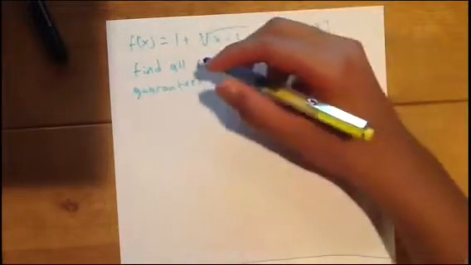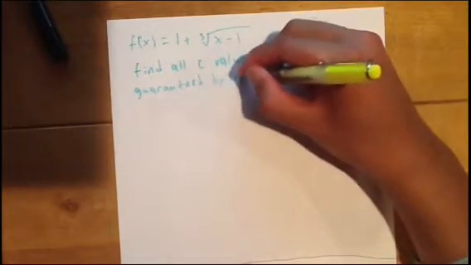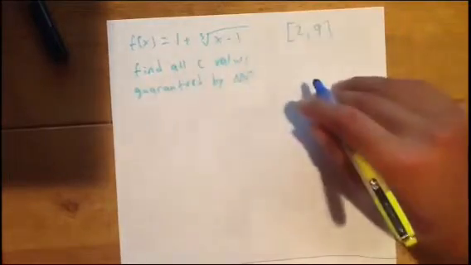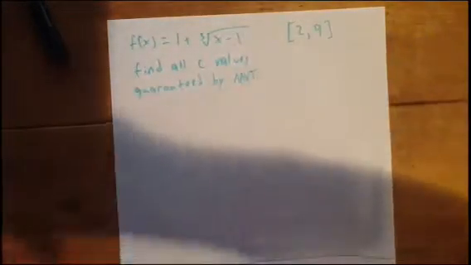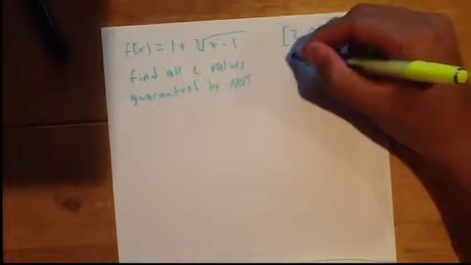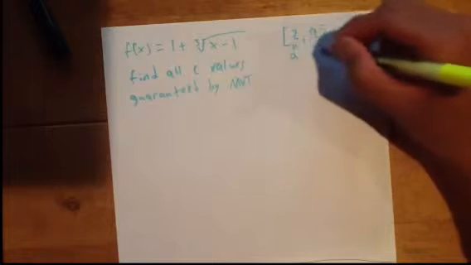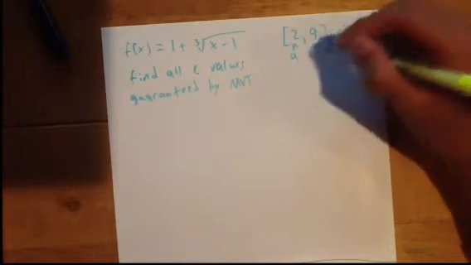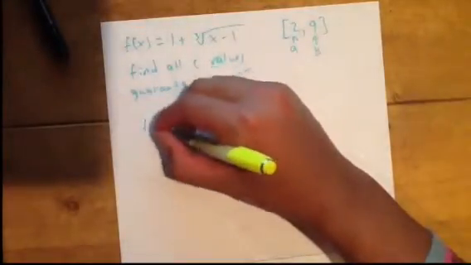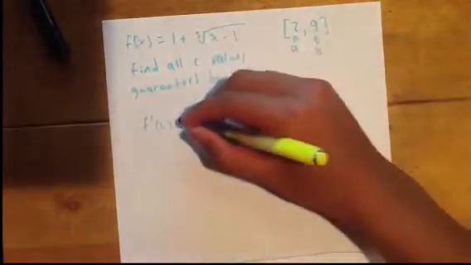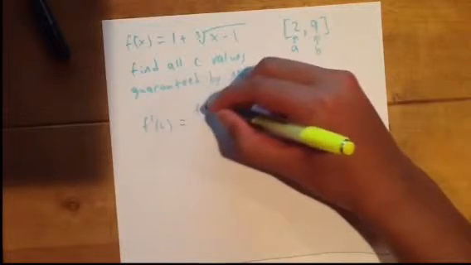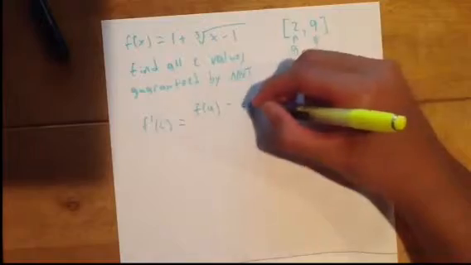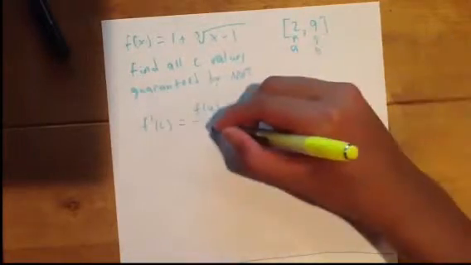Notice here that 2 is going to be our a value and 9 is going to be our b value. So what we're going to have is some f prime of c, or maybe more than one, that equals f of 9, or f of b, minus f of 2, or f of a, over 9 minus 2.